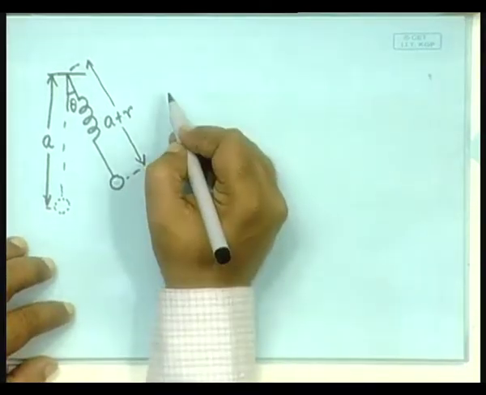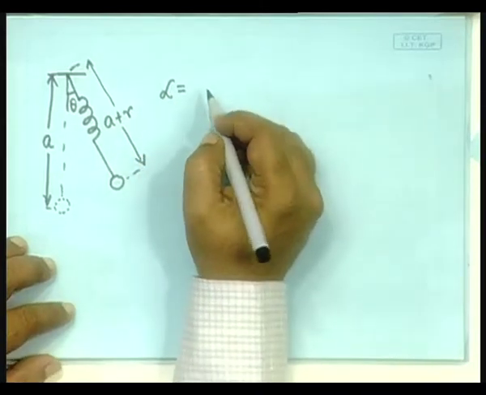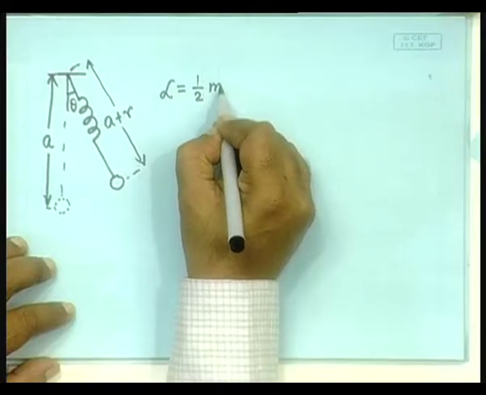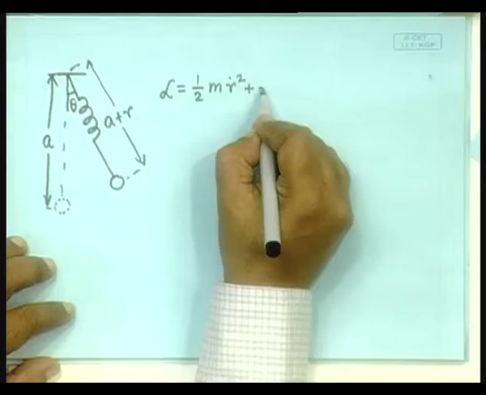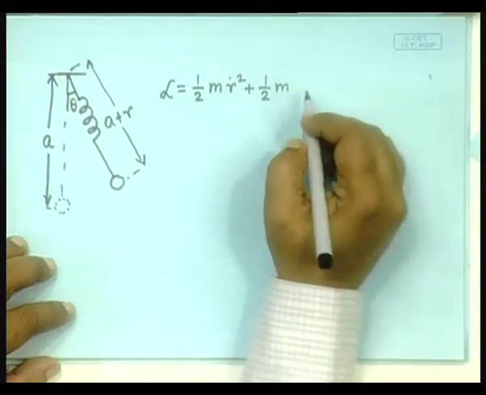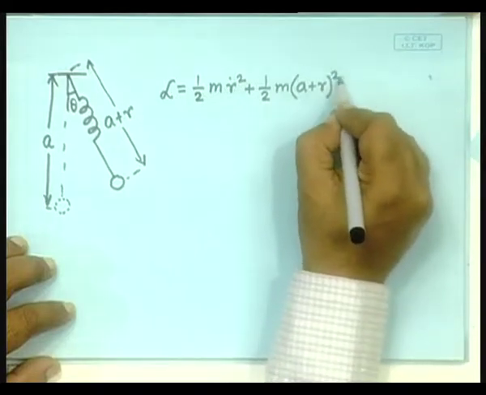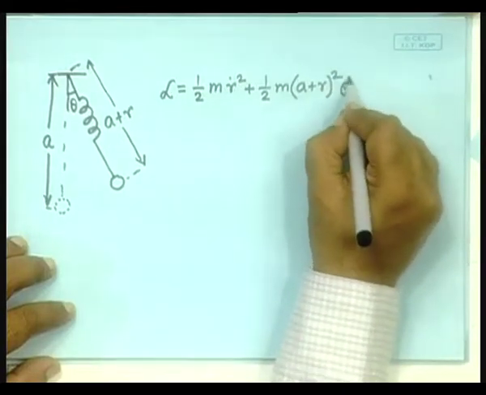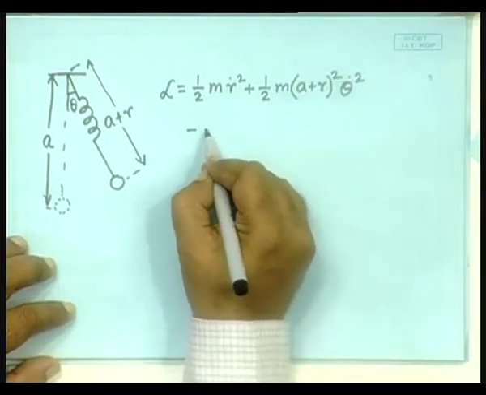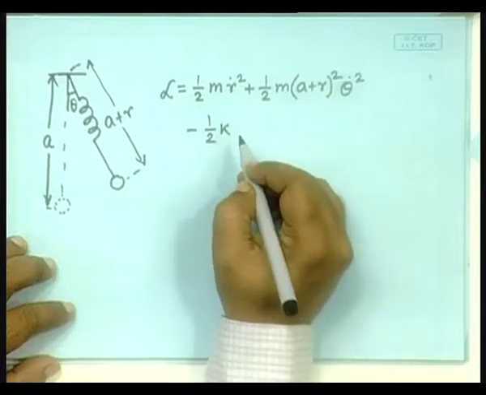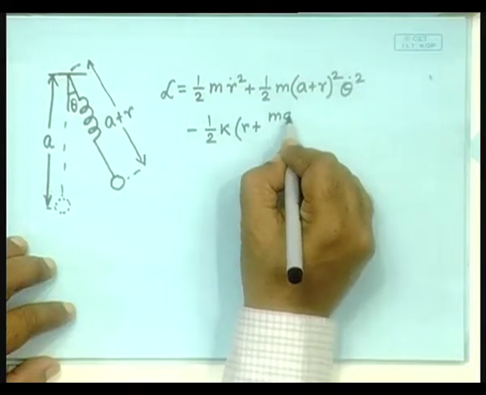Just recall, the Lagrangian function in this case was half m r dot square plus half m (a plus r) whole square theta dot square, minus half k (r plus m g by k) whole square, plus m g (a plus r) cos theta minus m g a.